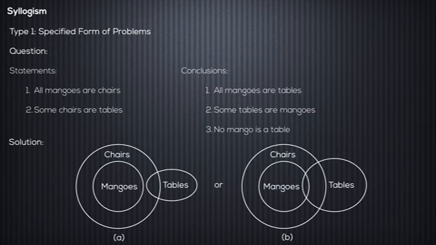In a Venn diagram representation, all possible cases can be shown. Here, the term chair is common to both the statements, and hence is the middle term. Statement 1 is an A-type proposition, and in an A-type proposition, only the subject is distributed. Hence, chair being the predicate in statement 1 is not distributed in the second statement. Thus, none of the conclusions following the statements is a valid inference.